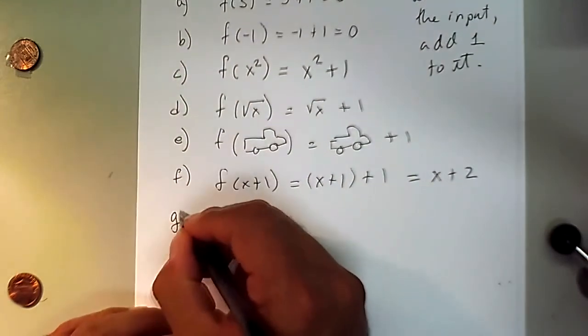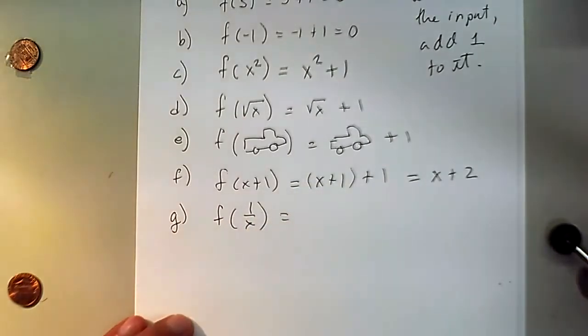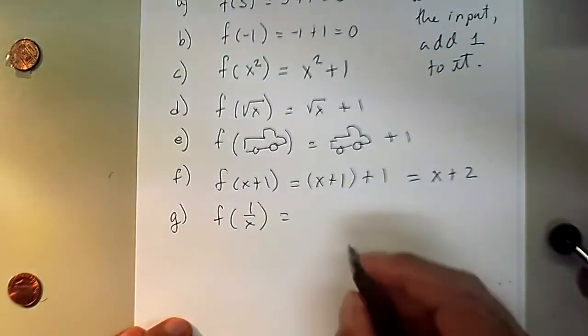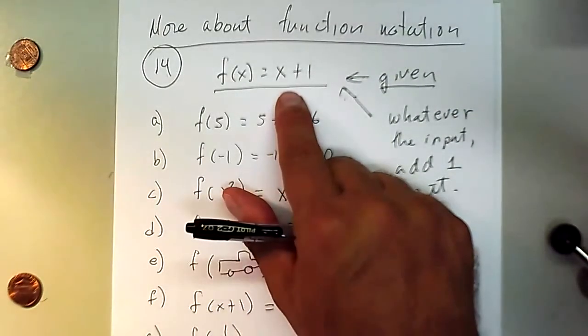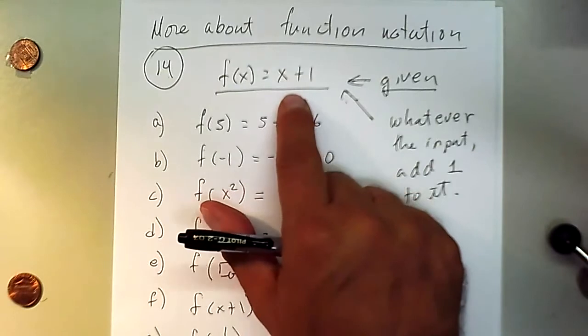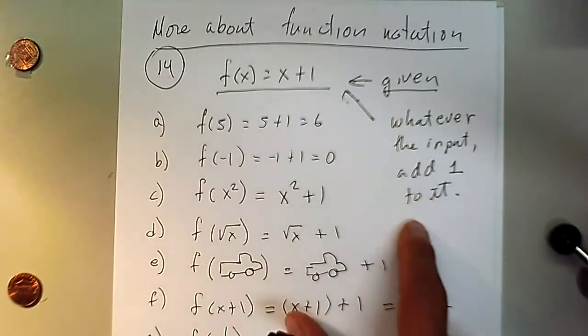Okay, g, f of 1 over x. Whoa. That is going to be, again, put this rule in your short-term memory, but not too short, in a couple-minute memory.